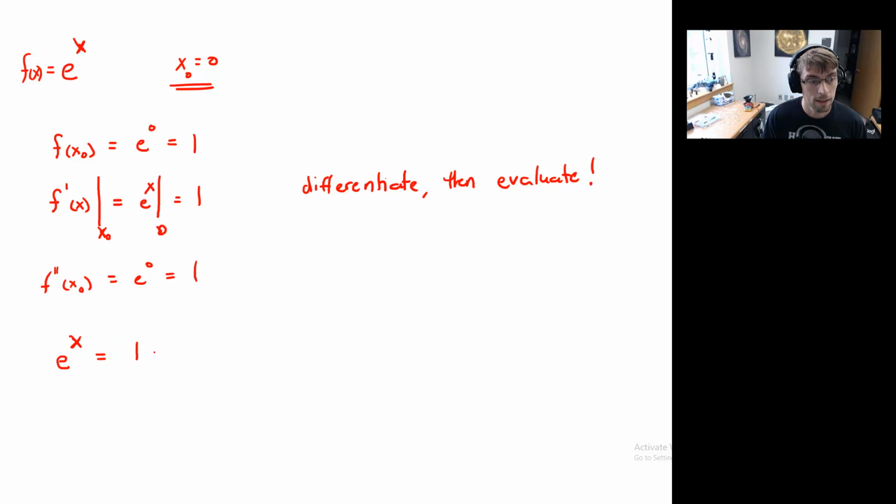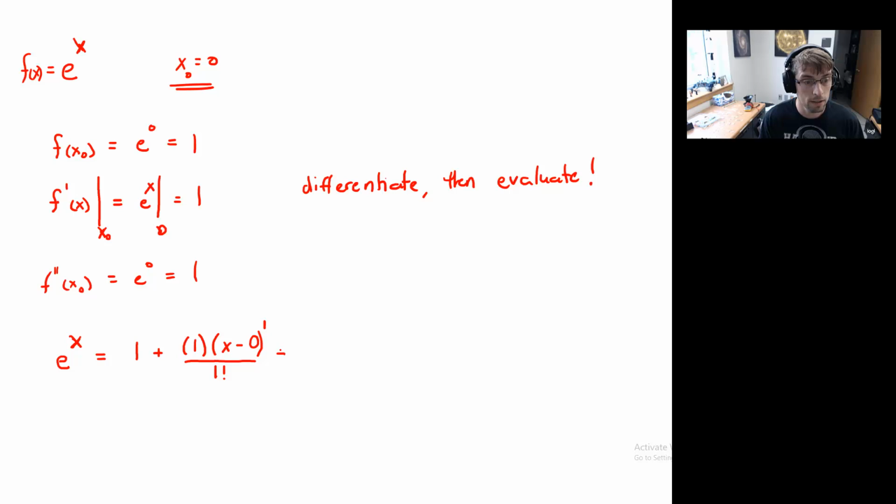Then we have the derivative of our function evaluated at x naught times x, and I'll put in the x naught explicitly here just to remind us, to the first power all over 1 factorial.